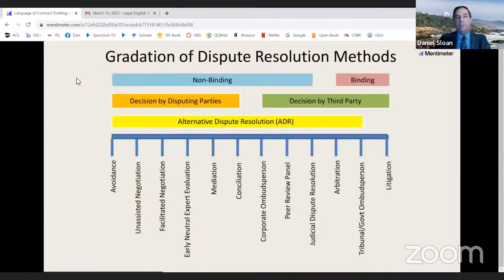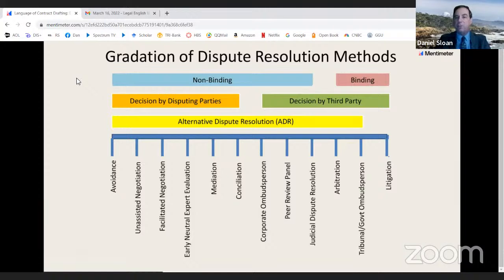So the gradation of dispute resolution methods. When we have non-binding compared to binding, you'll see in the top screen, non-binding are those methods that the parties are not obligated to. The one in the pink or shaded color says binding.